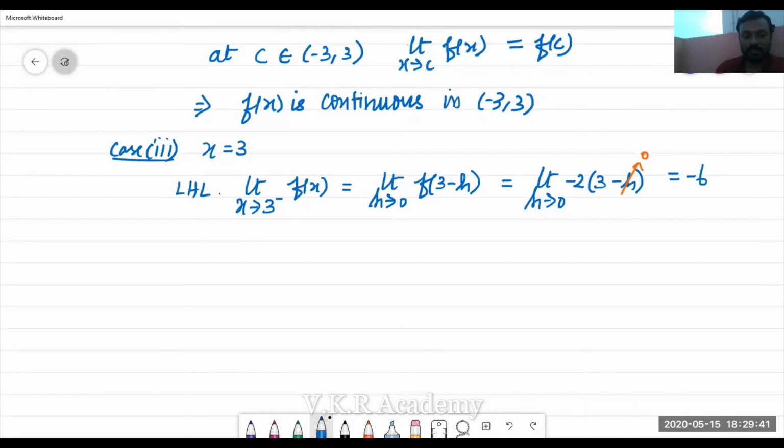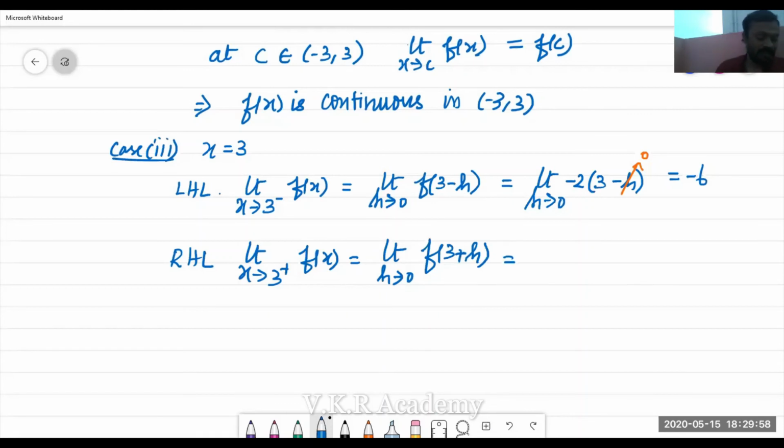Now consider the right hand limit at x is equal to 3, x tends to 3 plus f of x. For the values greater than 3, our f of x is 6x plus 2. So it is limit h tends to 0 of 6 into, our x value is 3 plus h, plus 2.